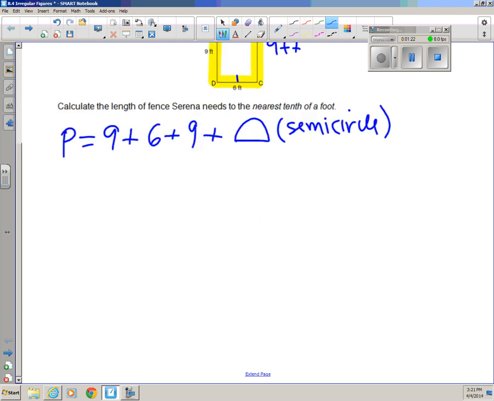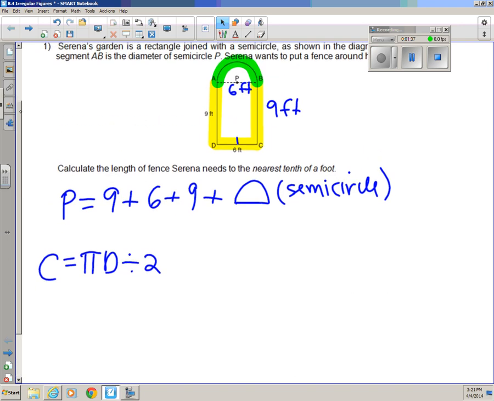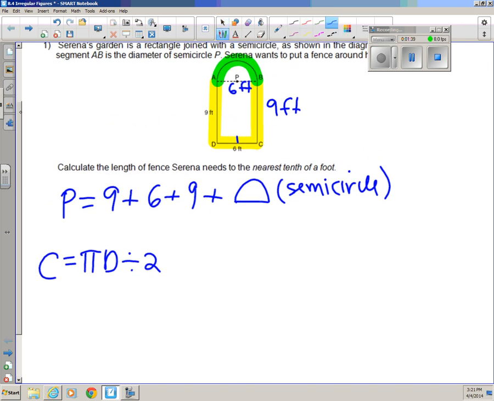The circumference of a circle is pi times the diameter, but we need to divide it by 2 because we're dealing with a semicircle. Your diameter happens to be 6, so I'm dealing with 6 pi divided by 2, or just 3 pi. So 3 pi is what's going to be replaced in here.